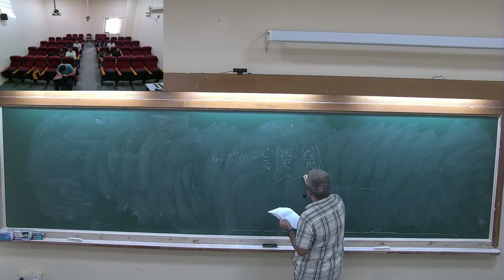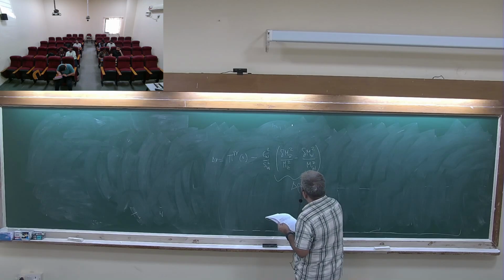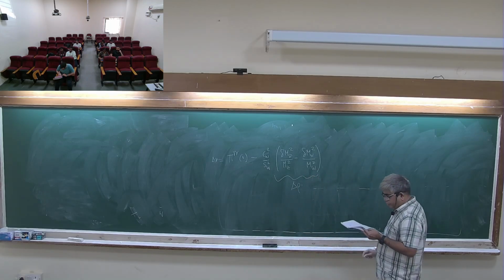Now this is our definition of delta rho. Okay.